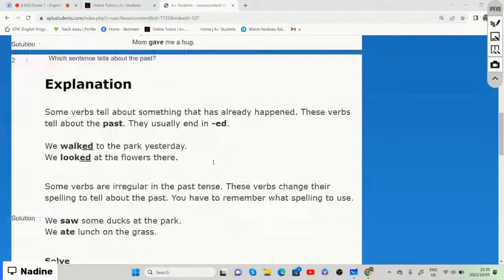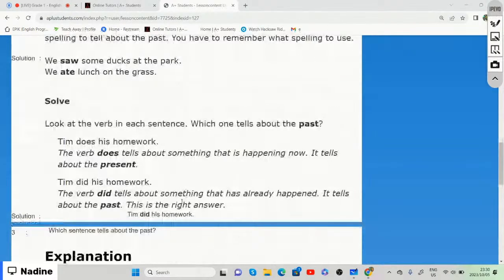All right. So you're going to have to look at these sentences and say which one is the past.